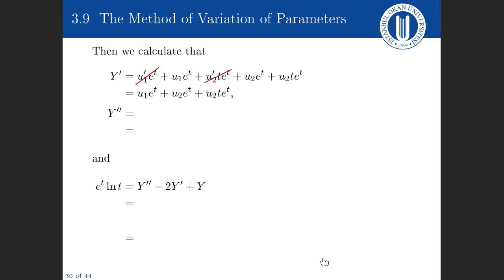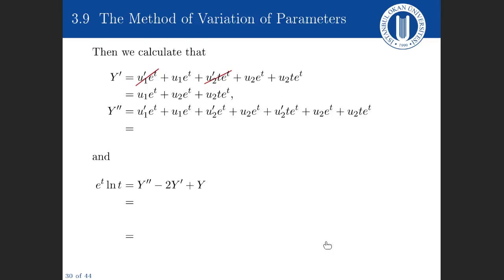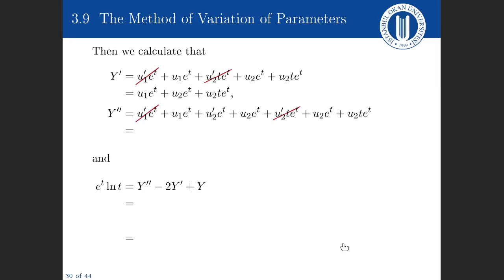And then we differentiate again. u1 prime e to the power t plus u1 e to the power t plus u2 prime e to the power t plus u2 e to the power t plus u2 prime t e to the power t plus u2 e to the power t plus u2 t e to the power t. And again, we can cancel some terms, because u1 prime plus u2 prime t is equal to 0.